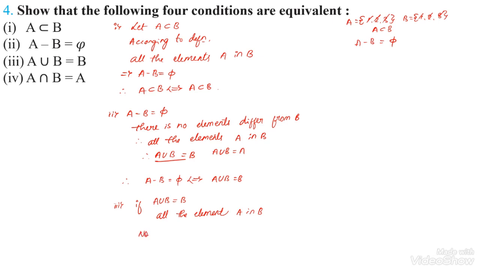Now, all the elements are common here. That's why A intersection B is equal to A only. Therefore, 3 is equivalent to A intersection B is equal to A.